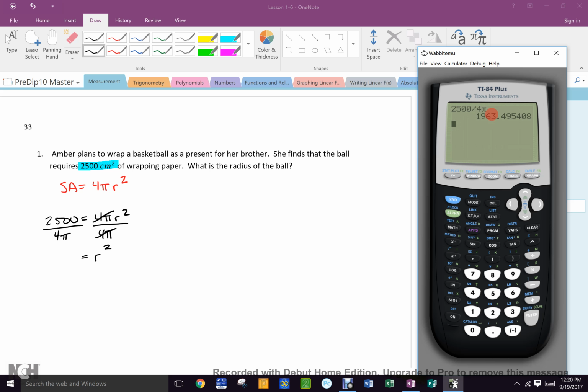Your calculator only does what you ask it to do. Everybody with me? So you could get that answer the way Lauren got that answer, which is fine. Of course, it would be 2,500 divided by bracket 4 pi, close brackets. Much nicer, yes?